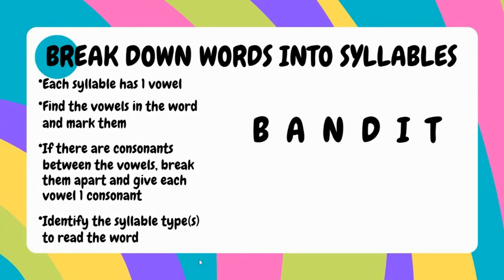Bandit. First, we want to identify our vowels. We have the A and the I. Next, we want to ask our scholars to separate the word by syllables. Where will we most likely separate this word?